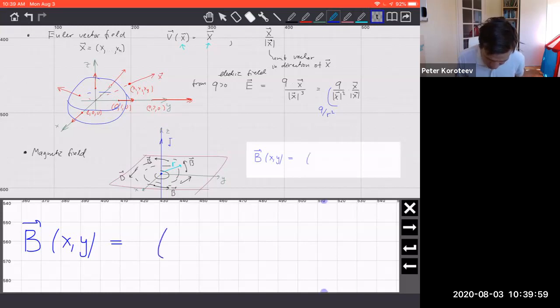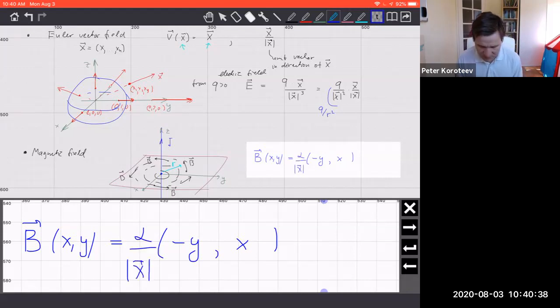It will be a vector which has some x component and some y component. If you wanted to curl in the counterclockwise direction, as shown here, then it would look like minus y, comma x, and then it can be multiplied by some scalar function of the absolute value of x. Let's say there's some coefficient alpha, which depends on the current, and then divide by the absolute value of x.